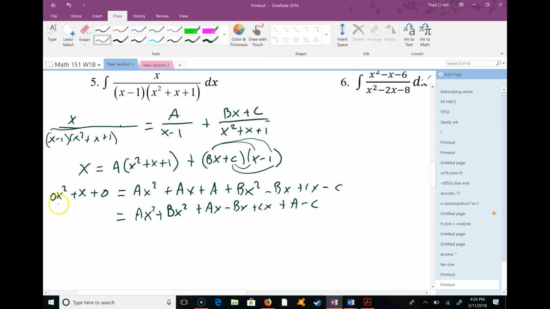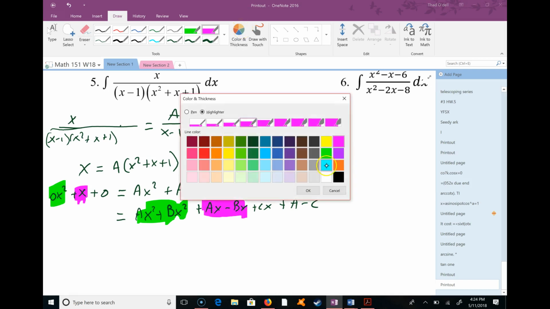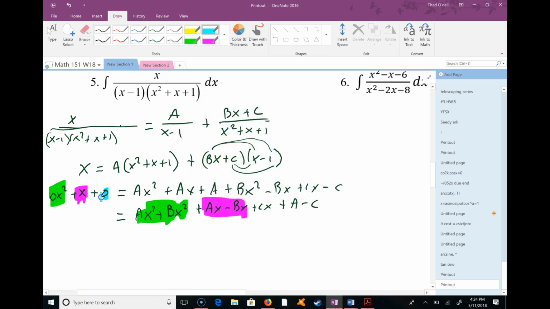So now, if we do a little highlighting here, the 0x squared has to match with this, and that has to match with that. And finally, the 0 has to match with all of that. Oops, I missed one there, didn't I?